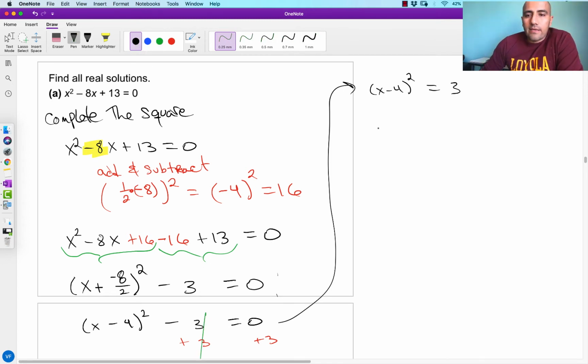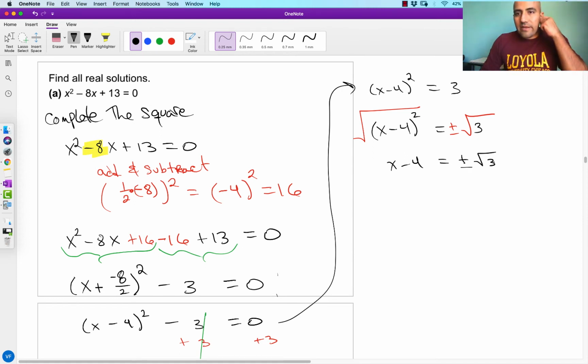And now I can take the square root of both sides. So square root this side, plus or minus the square root of that side. I end up with x minus 4 equals plus or minus √3. Again, I can use my calculator to approximate it as a decimal, or I can just leave it alone like this.